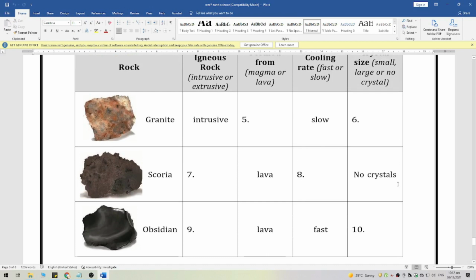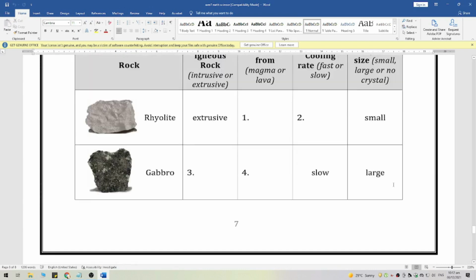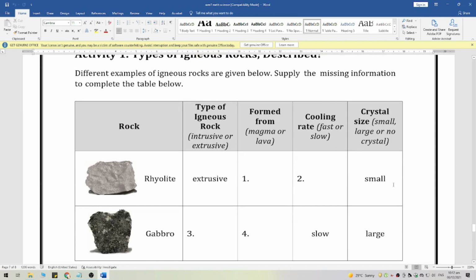For example, halimbawa si rhyolite. Sa types of igneous rock niya, given siya, and yung crystal size niya is also given. Now, just give out how it is formed. Is it from magma or lava? Is it cooling fast or cooling slow? So on and so forth with the rest of the numbers.